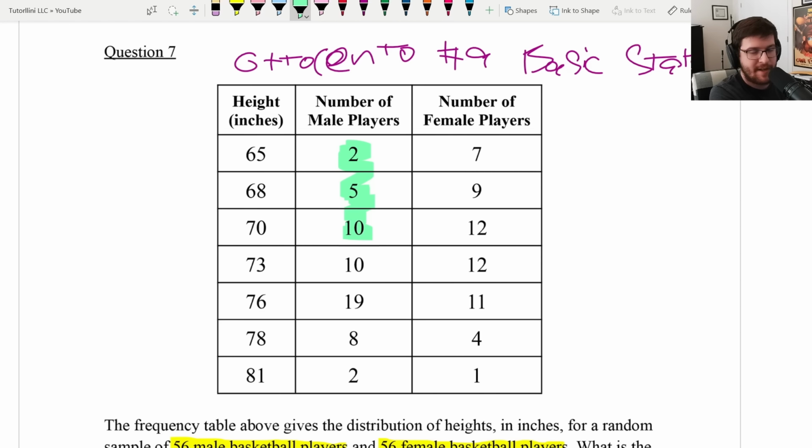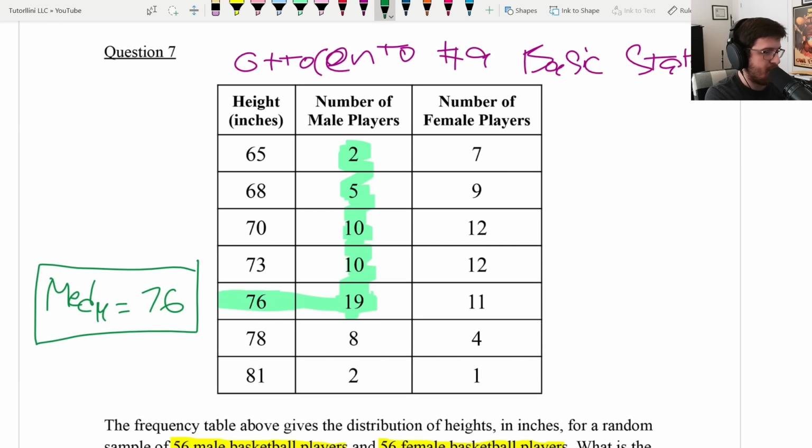Still haven't hit 28 yet. Gotta keep going. Plus 10, that's 27. Still haven't hit 28 yet. Gotta keep going. Plus 19. Okay, that's 46. So I'm going to stop here. And the median for the males is 76 inches.